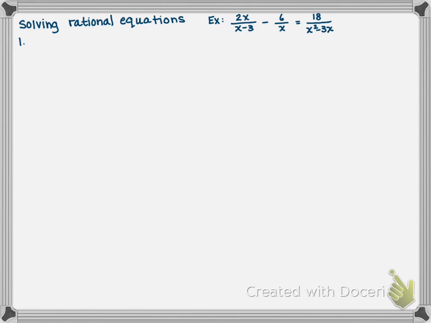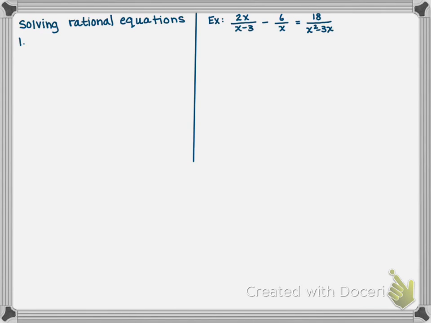So let's do 2x over x minus 3, minus 6 over x, equals 18 over x squared minus 3x.